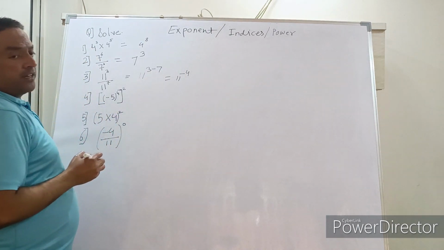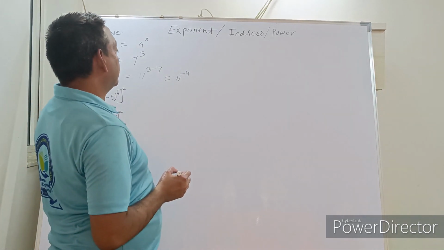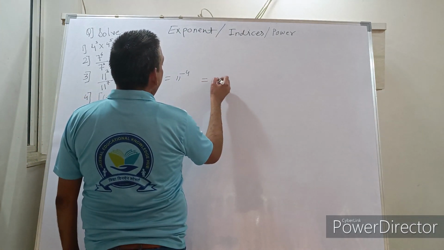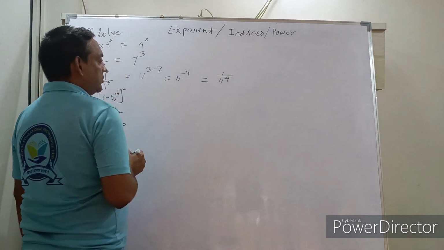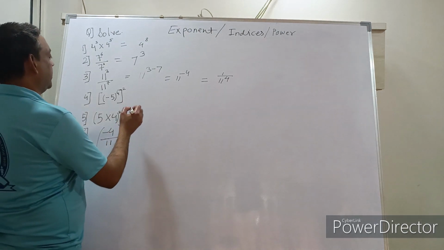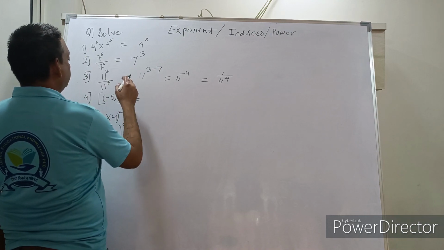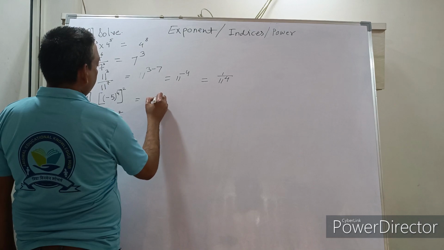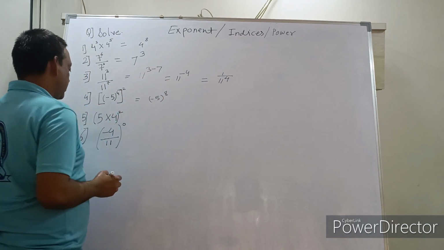Either you write the answer as 11 raised to minus 4, or sometimes they ask to write the answer with a positive exponent, so then the answer will be 1 upon 11 raised to 4. Then the next one is minus 5 raised to 4, whole raised to 2. Whenever a power raised to a power is given, you have to multiply, so minus 5 raised to 4 into 2, that is 8.